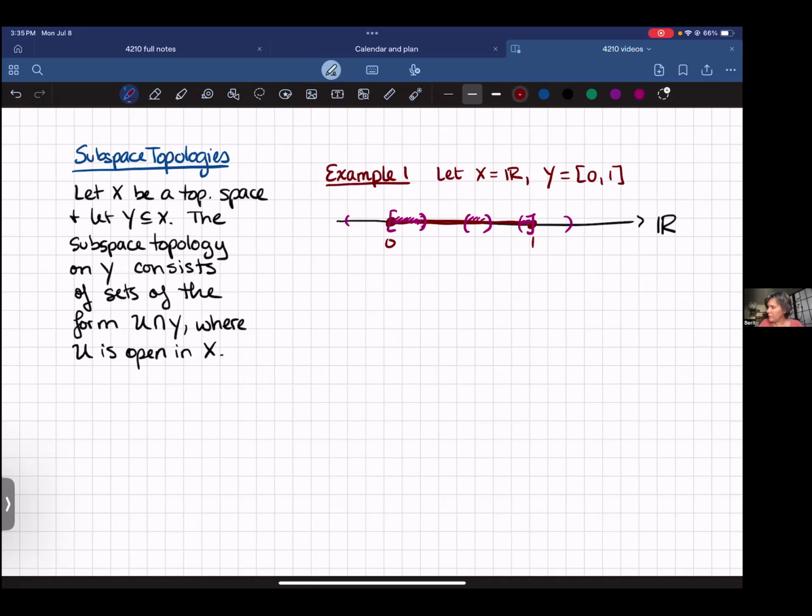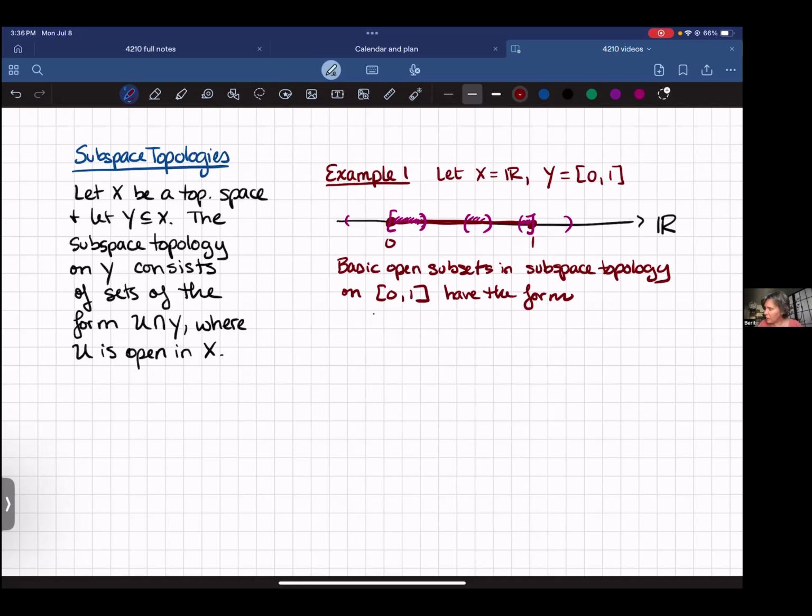And so the basic open subsets in the subspace topology on [0, 1] as a subset of the reals with the standard topology have the form, well, there's 3 possible types.